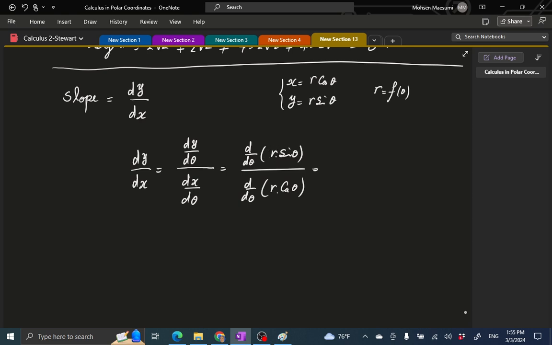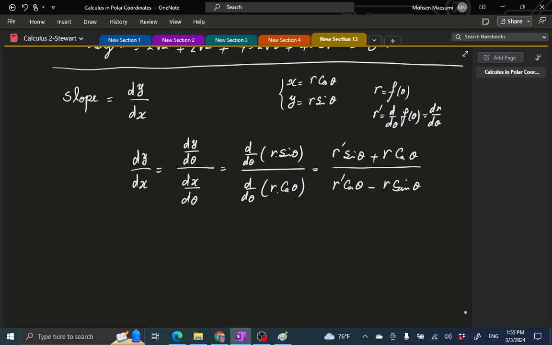Derivative of the first we are abbreviating as r prime. R prime is the derivative of r function or f function, either way. So r prime sine theta plus r times derivative of sine, which of course is going to be cosine. In the denominator we'll have r prime cosine theta, and now minus r, derivative of cosine is sine theta.